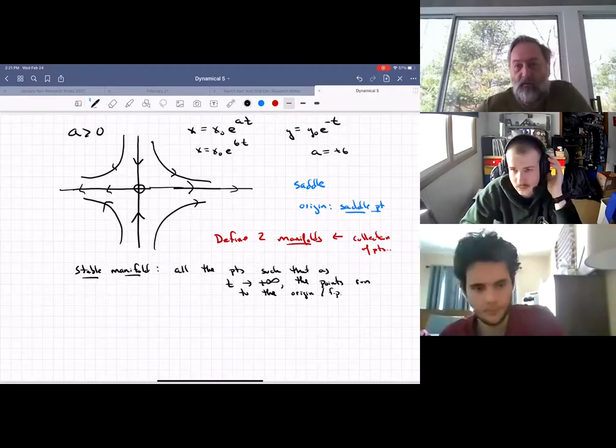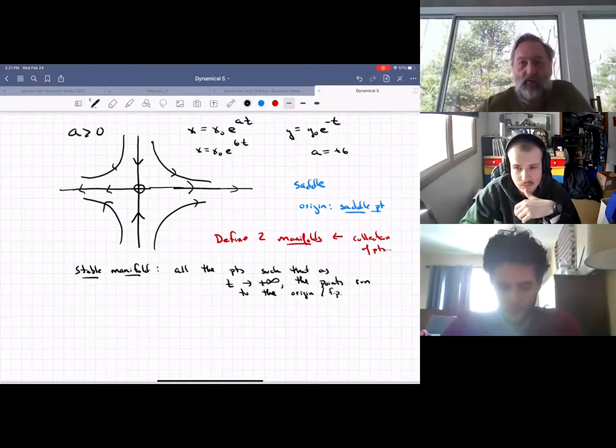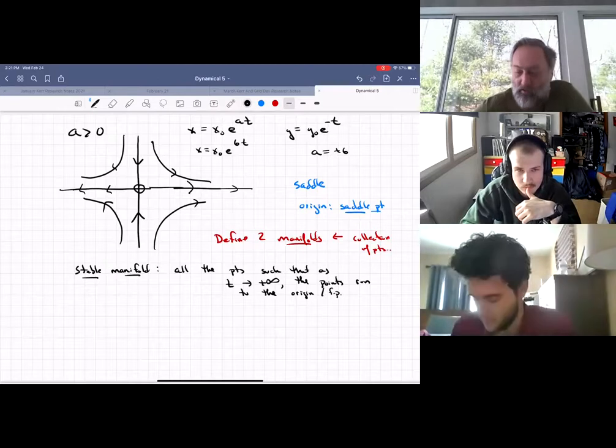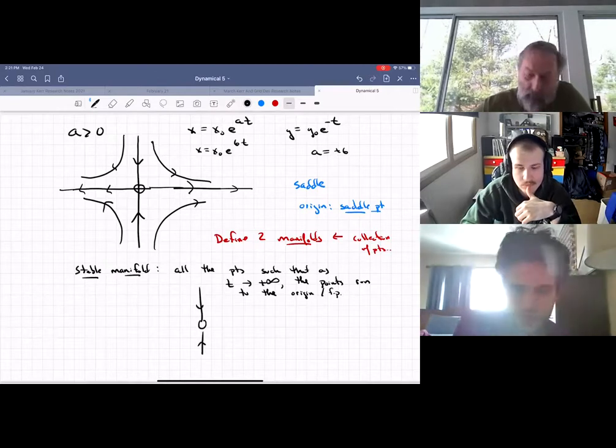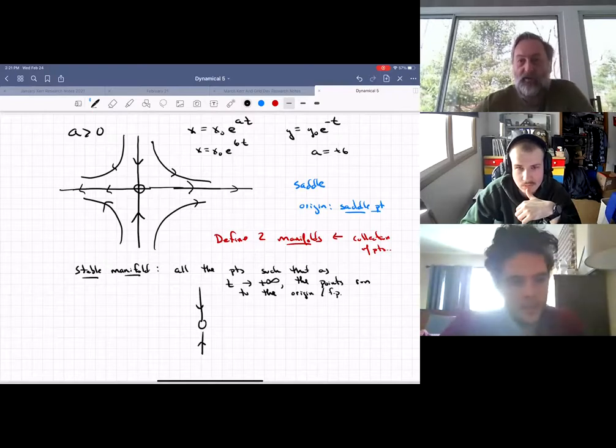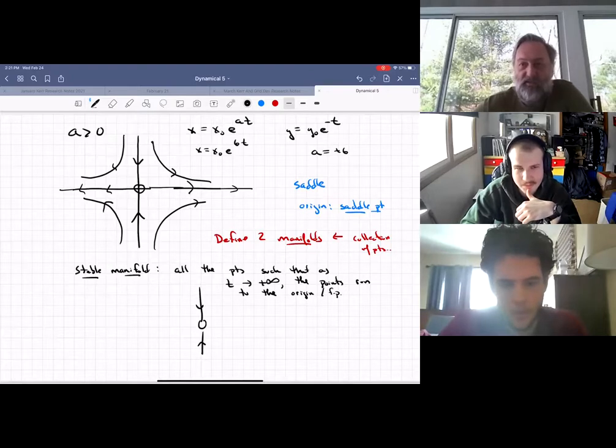So the stable manifold is the collection of all the points that, as you run towards t equals infinity, run into the fixed point. And so that's the y-axis. The y-axis is the stable manifold. That's what I had been looking at.